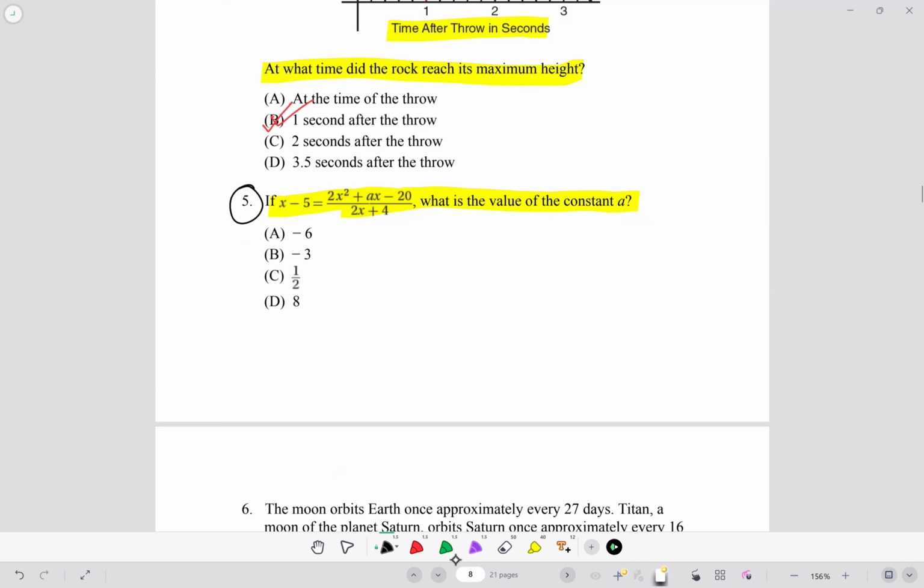I think the topic that we covered, this type of problems, is called identifying constants.